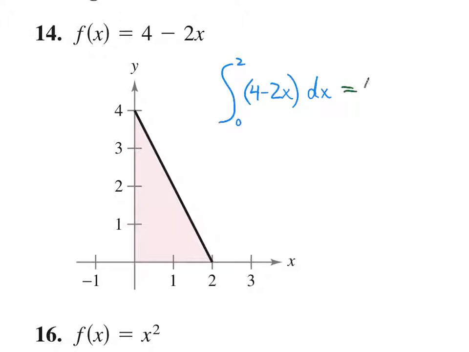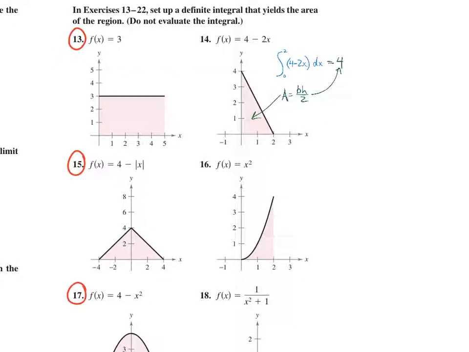The area of the triangle is 4, so I know the definite integral will equal that. If you have an integral that you're trying to find, and it's a geometric shape, like here you have a triangle, here it's just a rectangle, you can use geometry to find the value of those integrals.